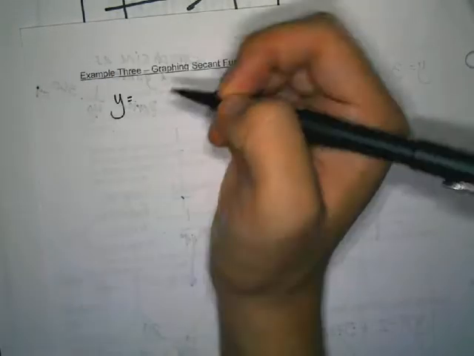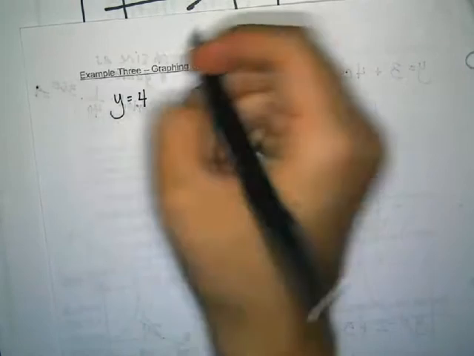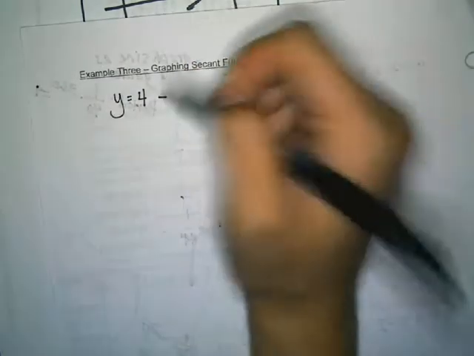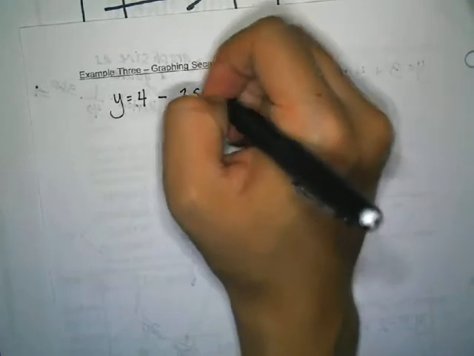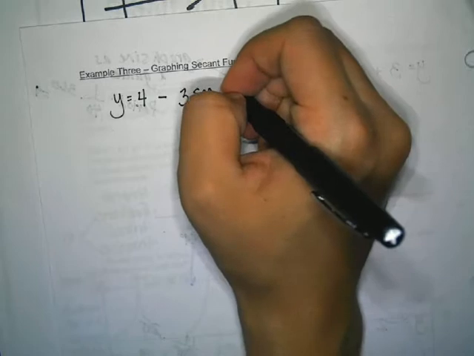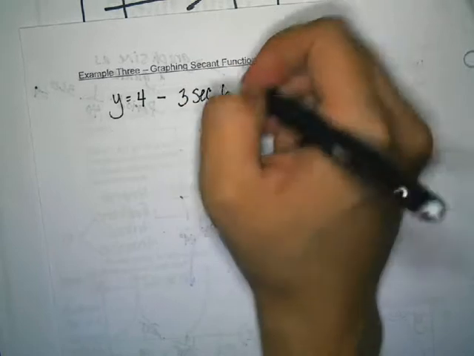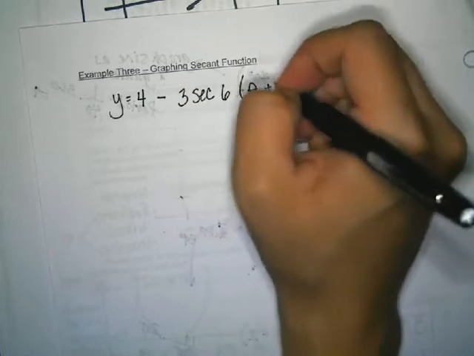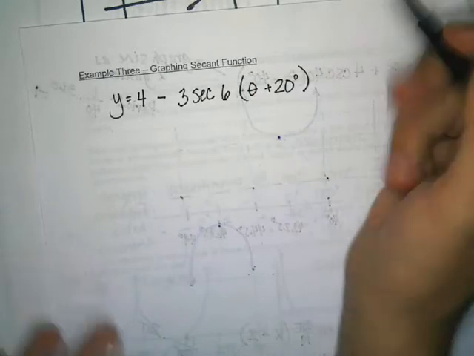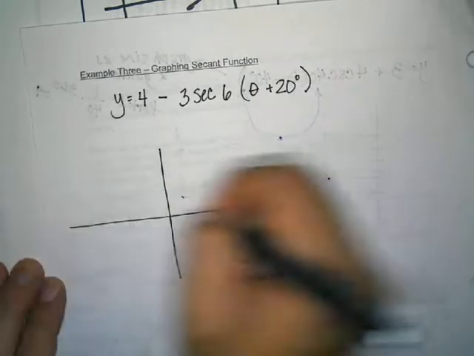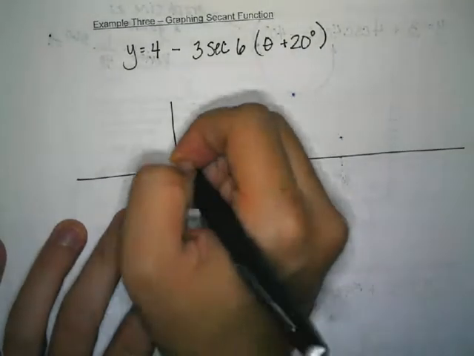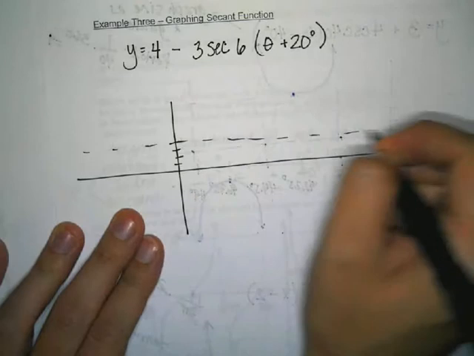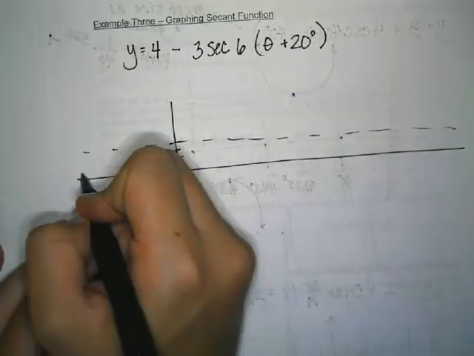Okay, so let's graph an actual secant function here. We'll go back to degree measure. I'm going to flip it on you. 4 minus 3 secant 6 theta plus 20 degrees. Four is my sinusoidal axis. 1, 2, 3 is my amplitude.